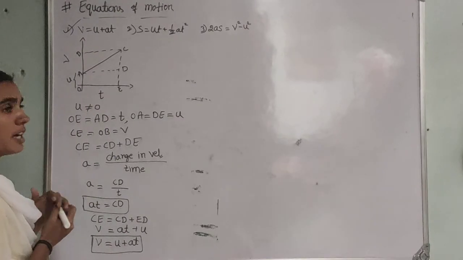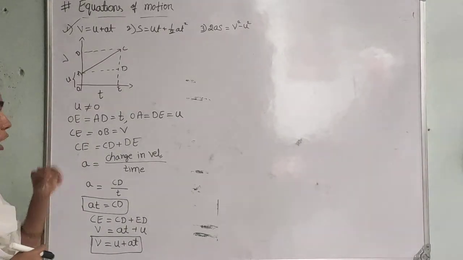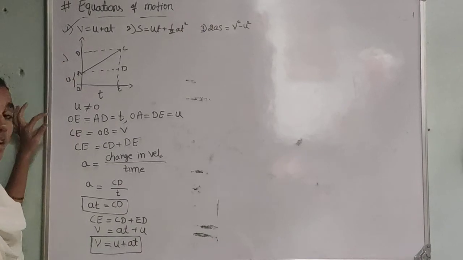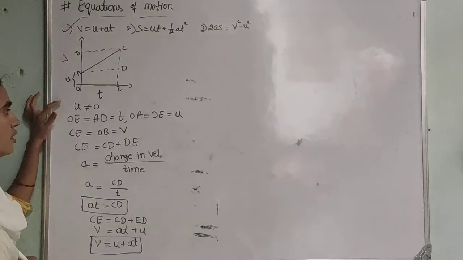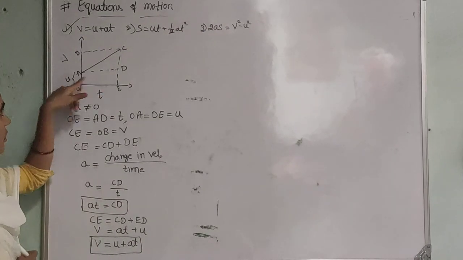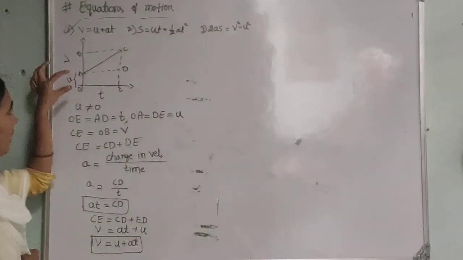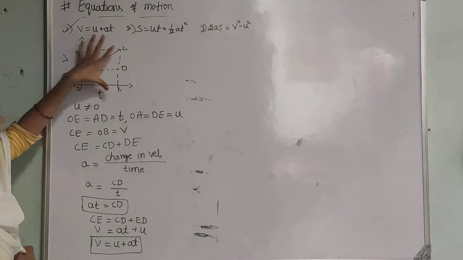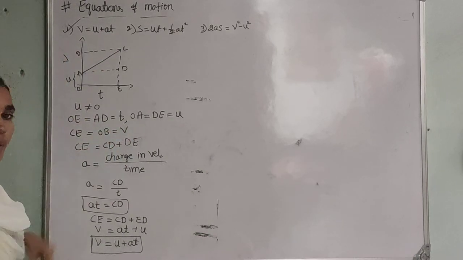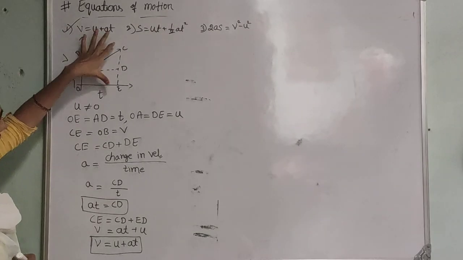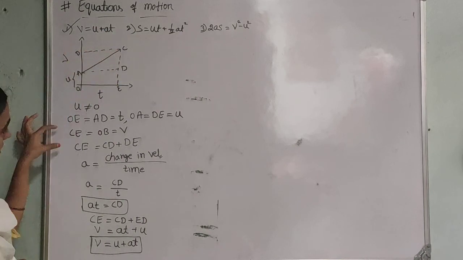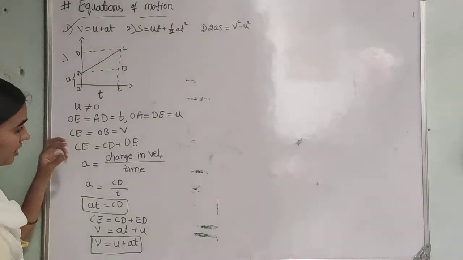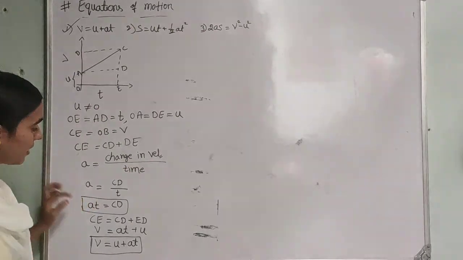So once again we draw a velocity-time graph. Here the initial velocity is not equal to 0. From the graph OE is equal to AD, that is T, and OA is equal to DE, that is U, and CE is equal to BO, that is V, and we know that CE is equal to CD plus DE, and acceleration is change in velocity divided by time taken.